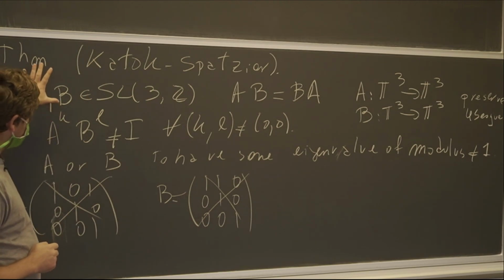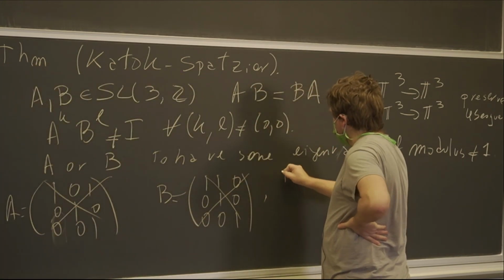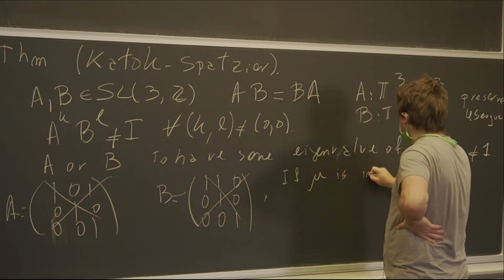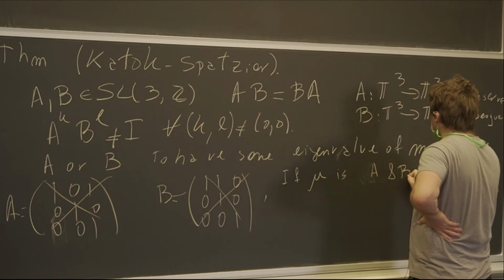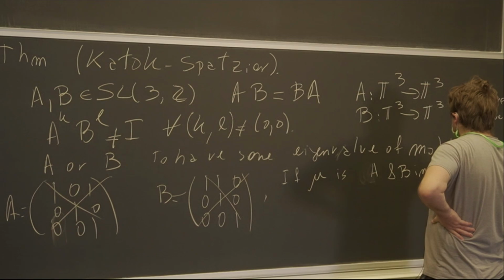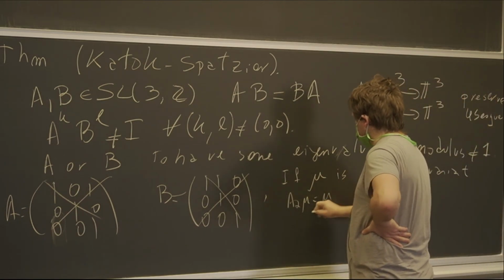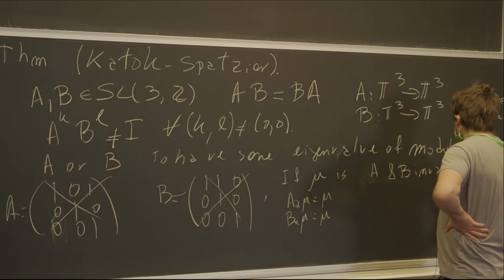So that's the setting, A and B. Then if mu is invariant, so is A and B invariant, so A star mu equals mu, B star mu equals mu, probability.